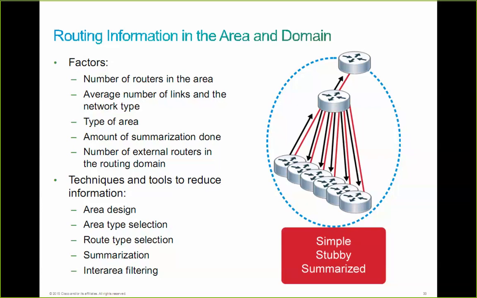I mean, the ultimate conclusion is that the area size, the layout design, the area types, the route types, whether you're doing redistribution or not, summarization, all of these things are going to affect the size of your link state database within a particular area.